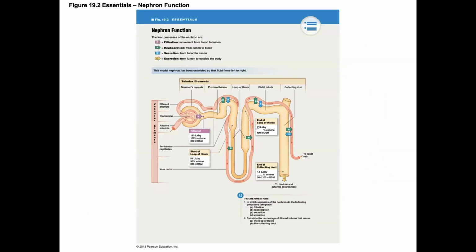Let's look at the general functions of the kidneys. If we're looking at urinary system functions, we tend to focus on what the kidneys actually do. It's often stated that waste removal is the most important function of the kidney. Waste removal is important, but I would argue that regulation of water and electrolyte balance is actually more important.